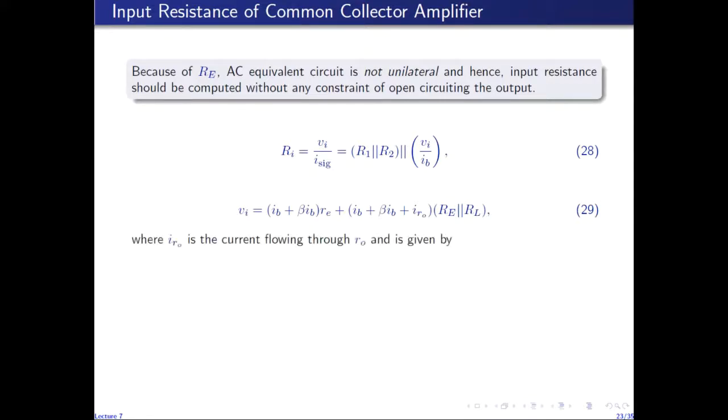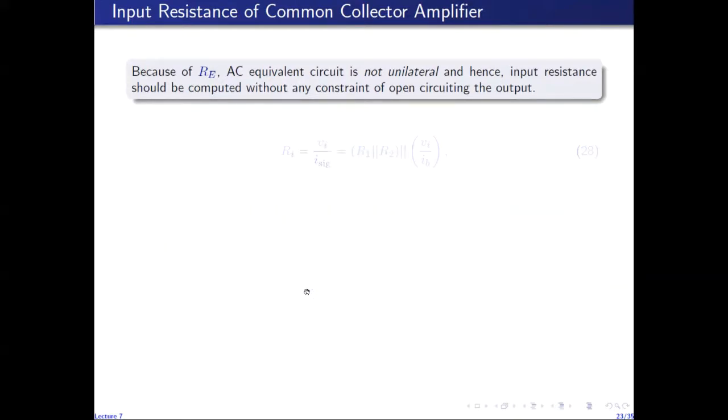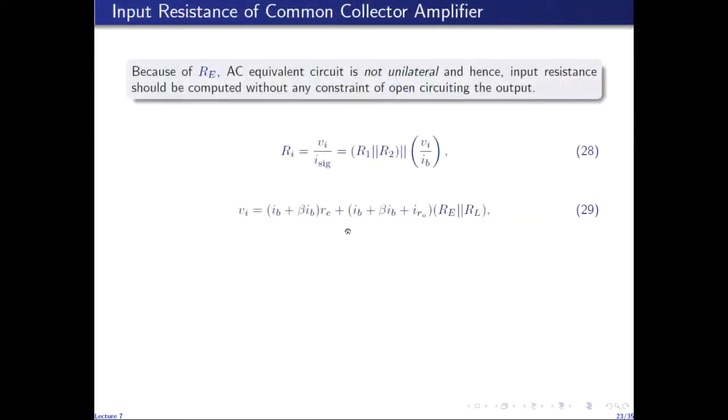So we can find the current flowing through R0 as this. IR0 by definition is given by this ratio because it is the current flowing through R0. So it is equal to VCE over R0. VC is 0 because the collector is connected to ground. VE has just been found to be equal to this expression.